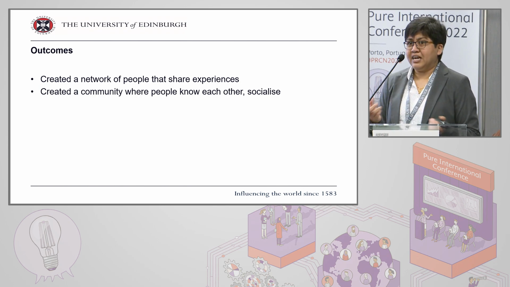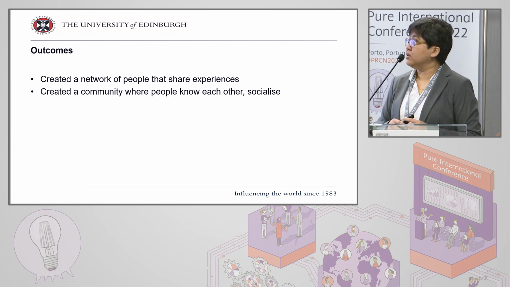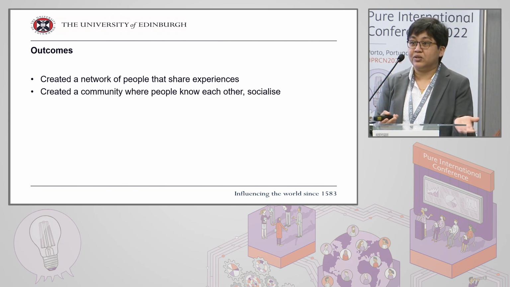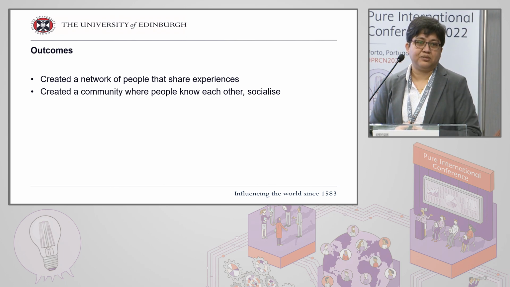But now they know each other. If they have a question, they can bring it to the working group or contact each other very quickly and draw on the other person's knowledge and experience. That has been really helpful. And we can socialize as well. We've got social sessions happening so people can get to know each other, get to know their objectives, and learn how to align their objectives as well.